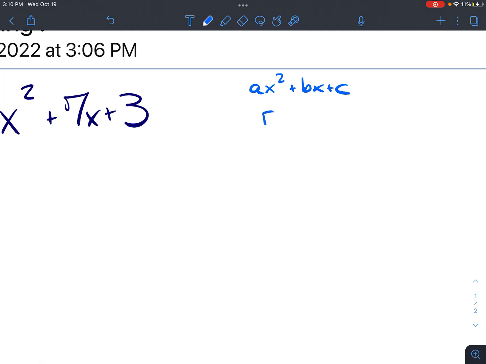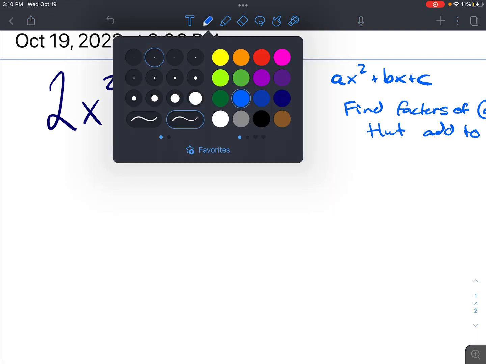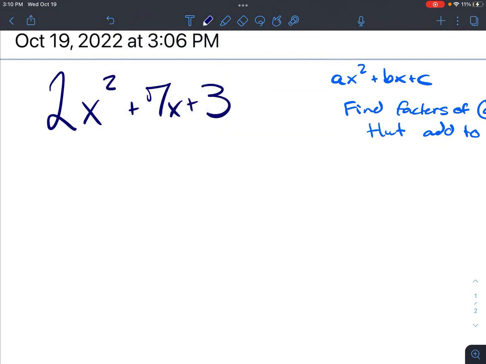What we're going to do is find factors of a times c, so ac, that add to b.